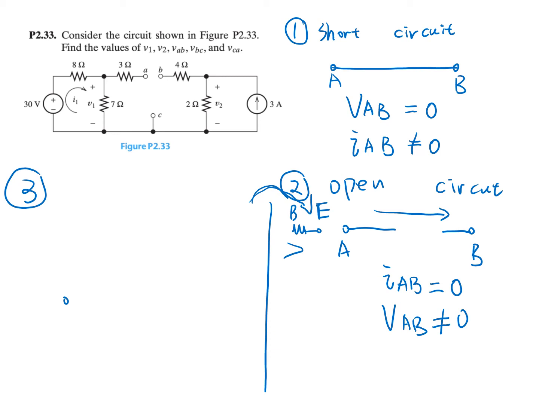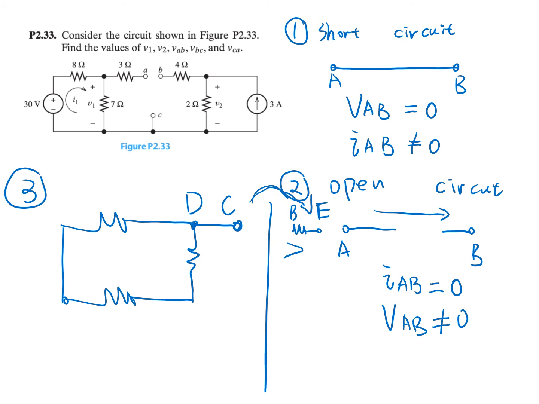For example, if this is a simple circuit, this is a resistor, and we have terminal C. So here, the node C is exactly the same as node D. Because there's no voltage drop here, VC is exactly VD. And if there is another terminal here that's E, VCE is just VDF.